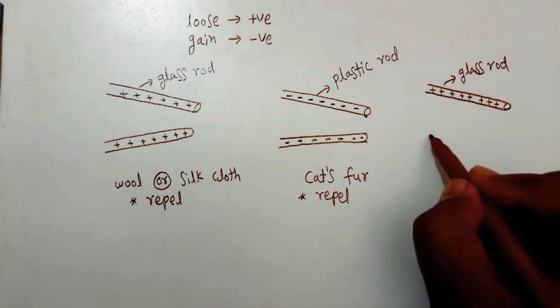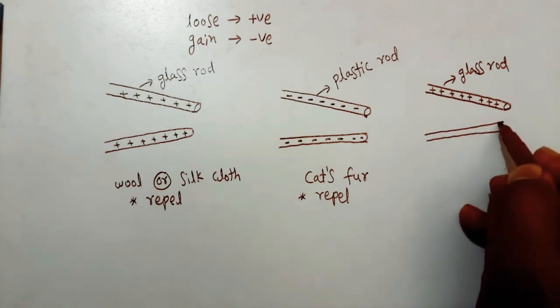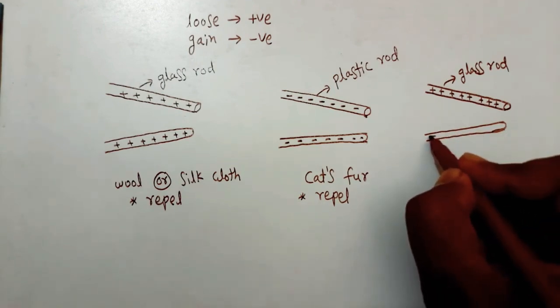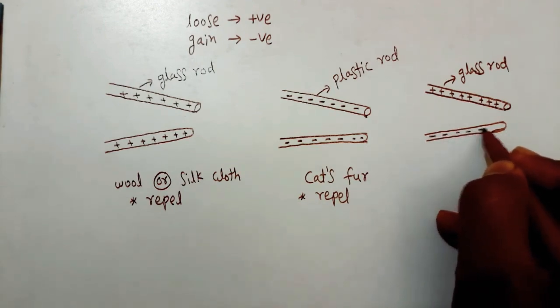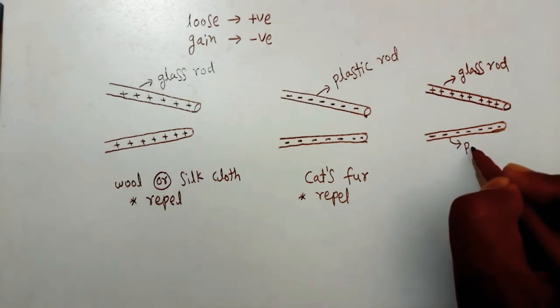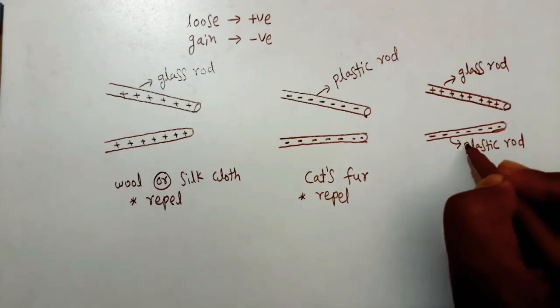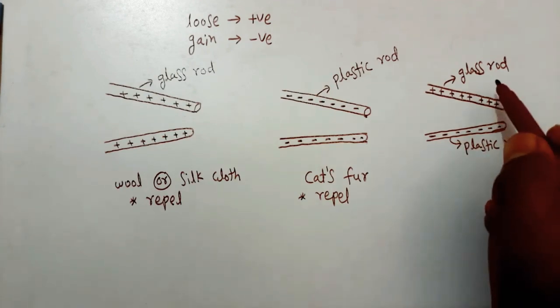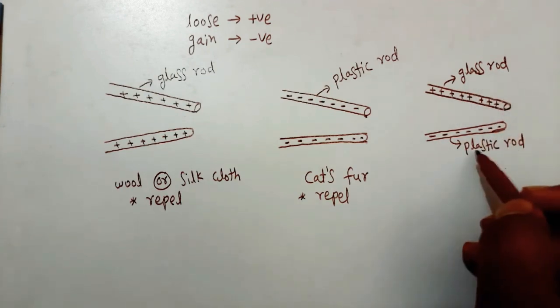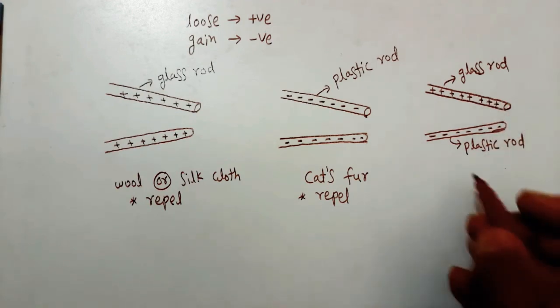Here I am taking a plastic rod. On the plastic rod, negative charge is distributed. So if we bring the glass rod and plastic rod close to each other, they attract.